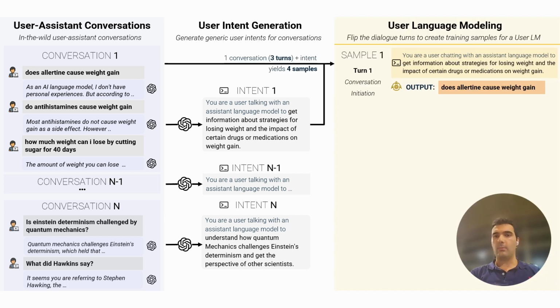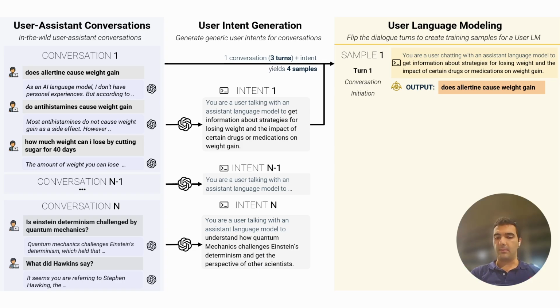And then from there, we are able to create training samples to train a model specifically to produce user utterances given a task intent. So on the first turn, what the user LM sees is just the task intent, and it has to produce the first utterance, right? Because the user is in charge of starting the conversation in a user-AI interaction.